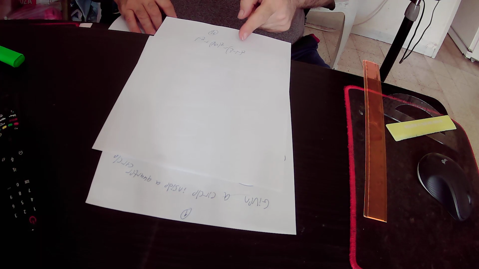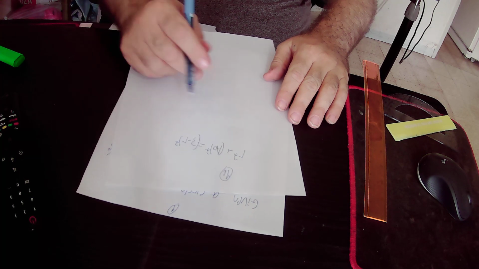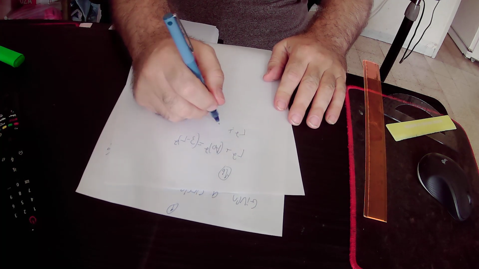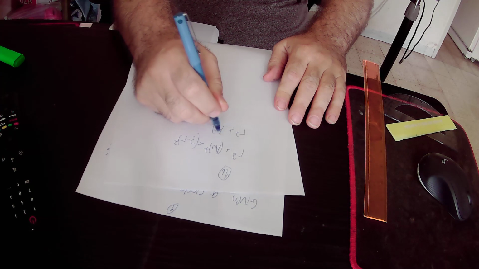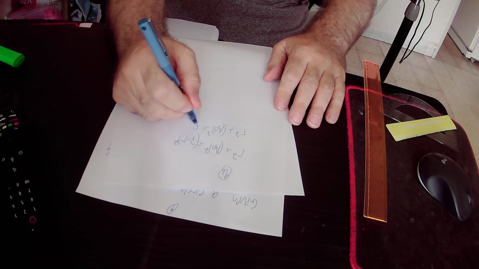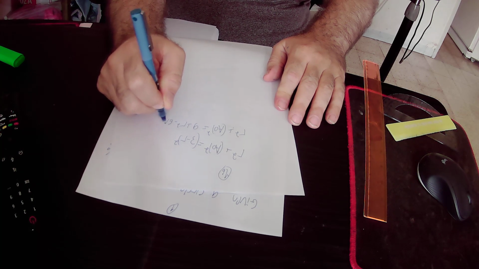We will open the brackets here. We will get that r square plus AO square equals (3 minus r) square, which is 9 plus r square minus 6r.